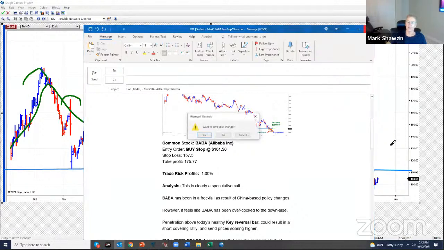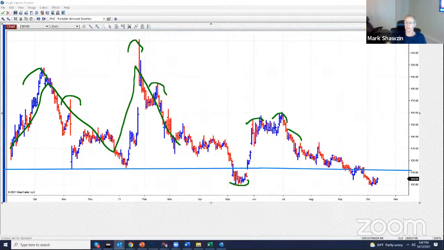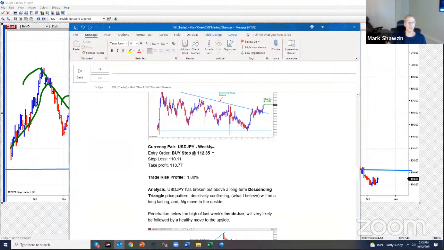And then for the weekly trades, you should hold that trade for the entire week. So I kind of label it as a weekly. So this thing would be pending for the entire week.